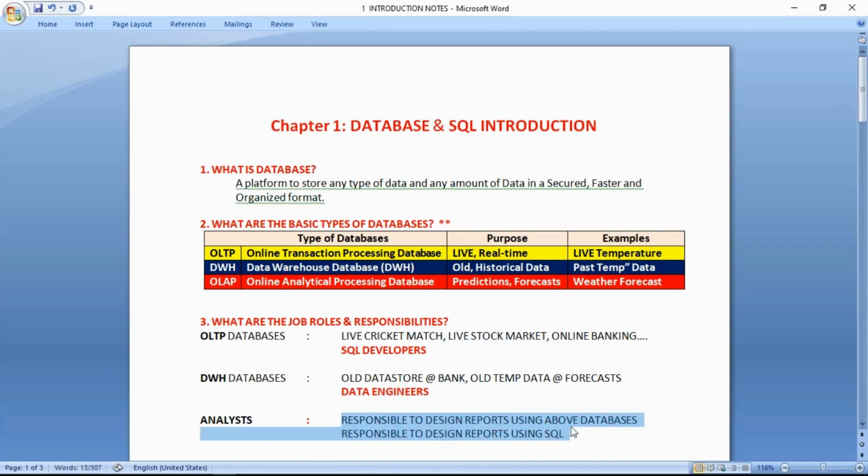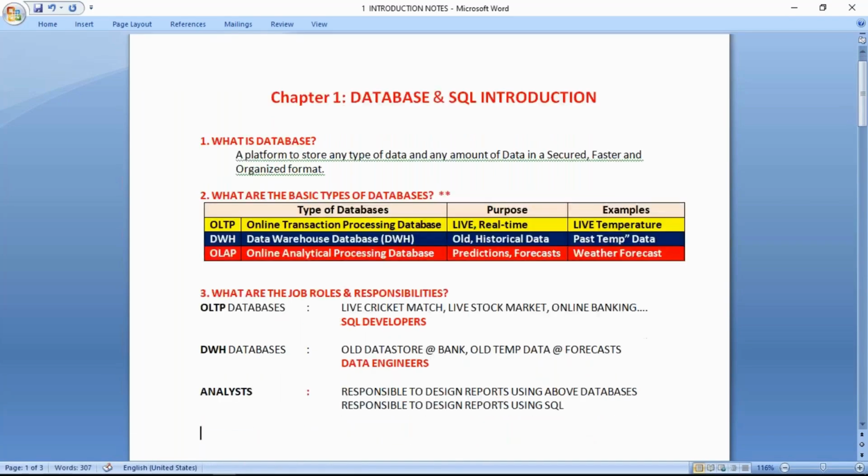Next, from here we have administrators, database admins, responsible to manage OLTP and data warehouse databases. That is the DBA job role.